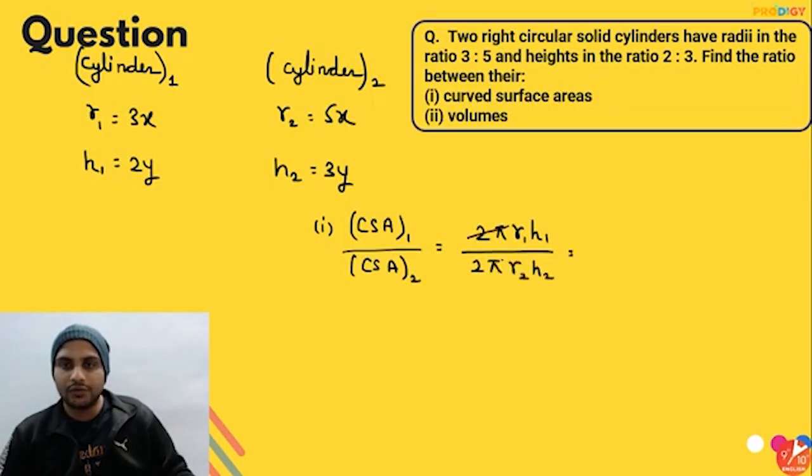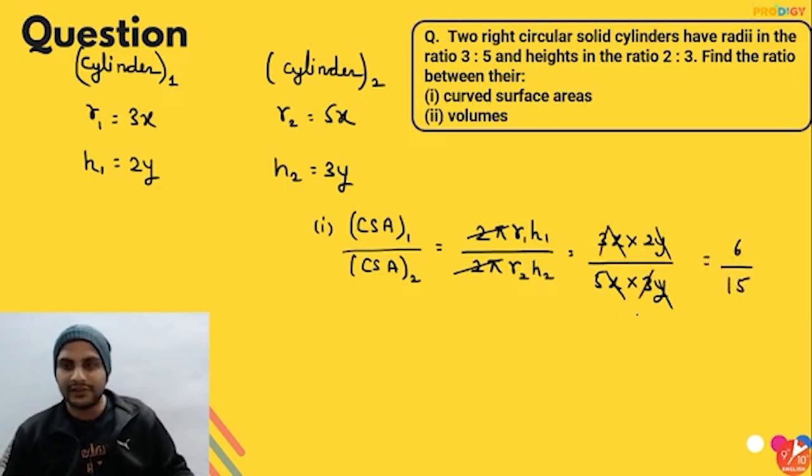So 2 pi to 2 pi got cancelled. r1 is 3x into h1 is 2y divided by r2 is 5x into 3y. x to x got cancelled, y to y got cancelled. 3 2s are 6, 5 3s are 15. Alright, 3 to 3 is also getting cancelled now. So 2 by 5. So the ratio is what? 2:5. 6:15, 3 to 3 will get cancelled.